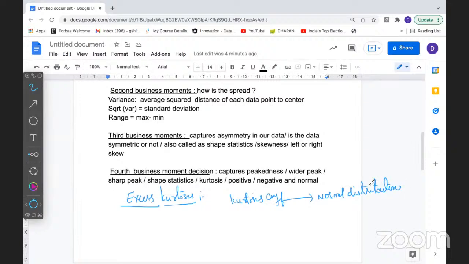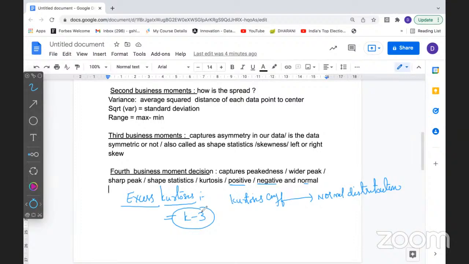Excess kurtosis can be positive, negative, and 0. So whatever kurtosis value we get, we subtract 3 from it so that you can make a comparison with normal.